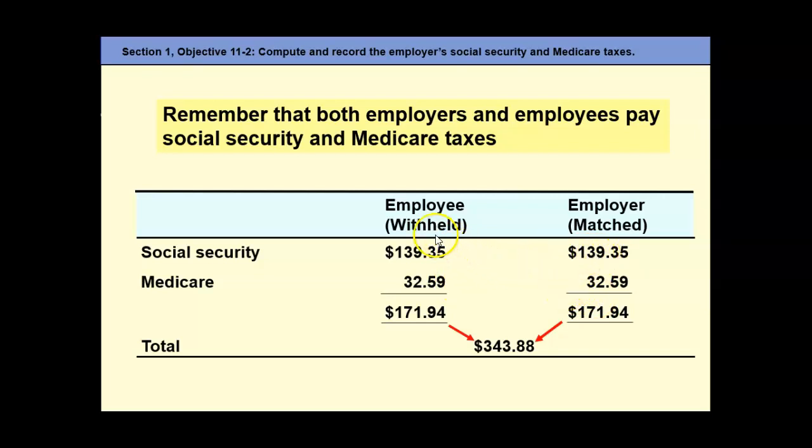So the employees have withheld for these taxes $171.94, which means the employer also owes for these taxes $171.94. We're now going to record the payroll taxes, hint, hint, that are owed by the employer.